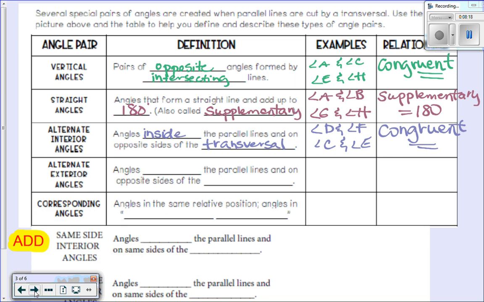Alternate exterior angles. Very similar except exterior. So they are angles outside the parallel lines and on the opposite sides of the transversal.